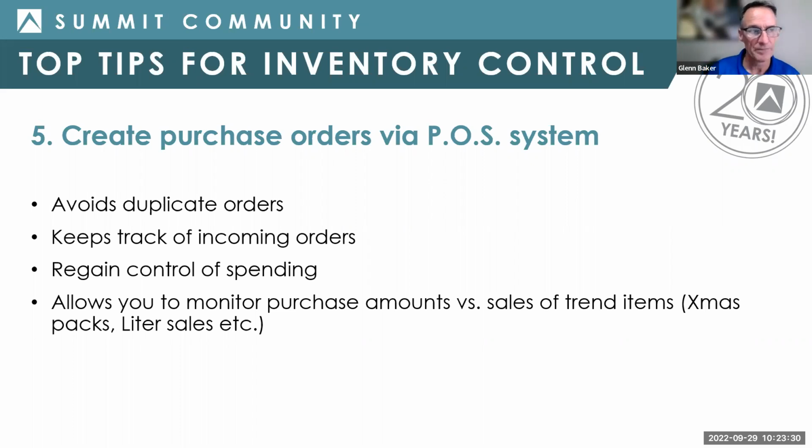What I mean by that is, if I have my purchase orders in the system and I know how much I ordered for inventory at the holidays last year, and I know for whatever reason we sold 100 liters of product between November and December last year, then when I go to place my order this year, I'm probably going to order 15% more than last year. So if I did 100 last year, this year I might order 115, assuming my retail sales continue to grow.